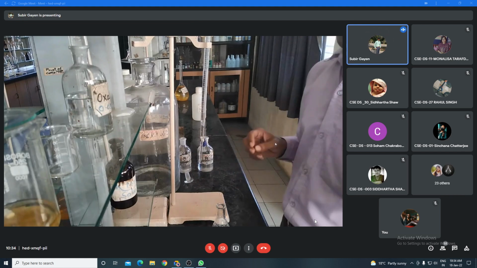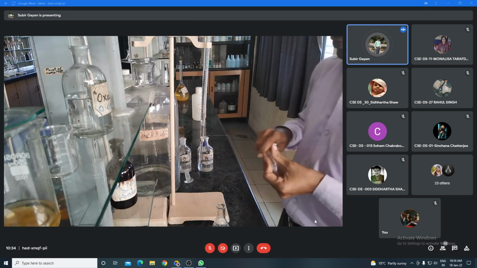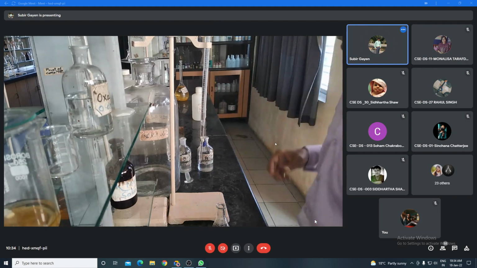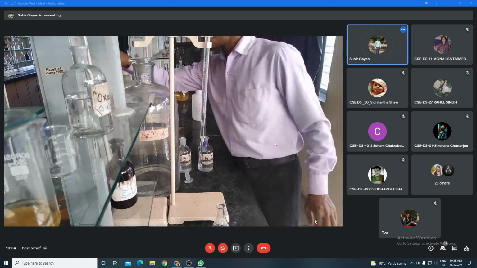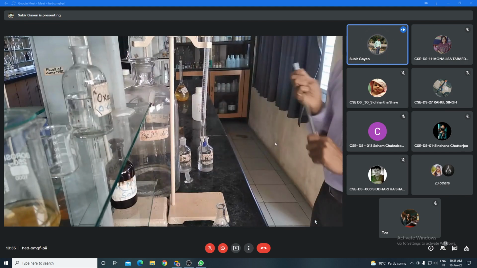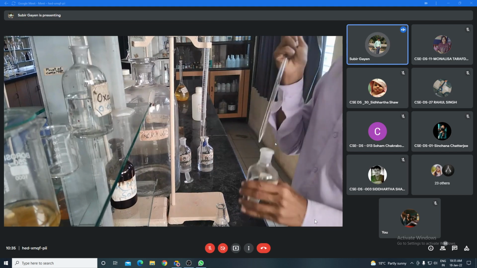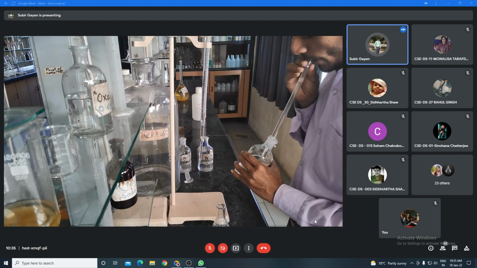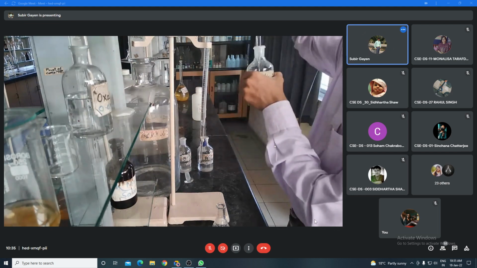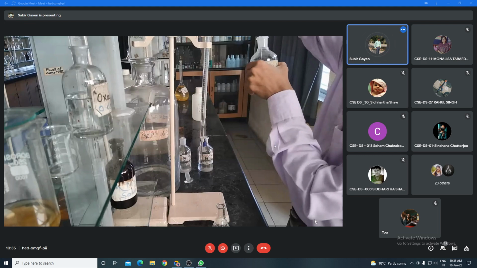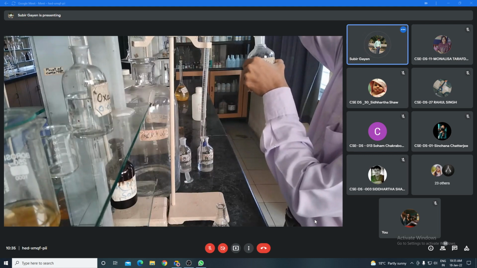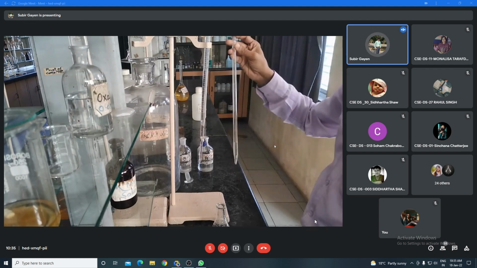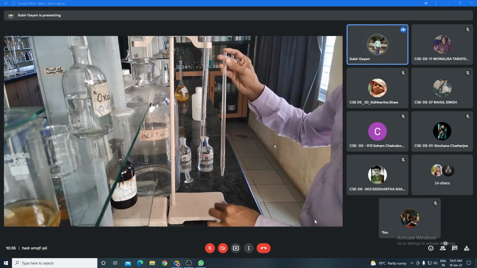So, for the standardization, at first you have to take 2 ml of oxalic acid. Okay, first I will take 2 ml oxalic acid solution into the conical flask.